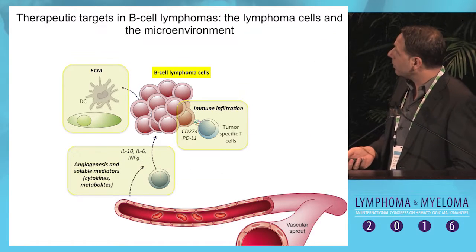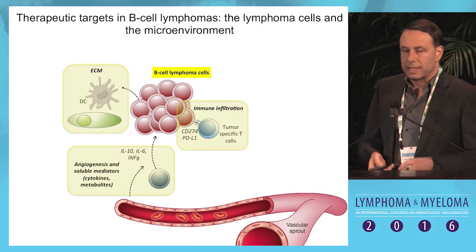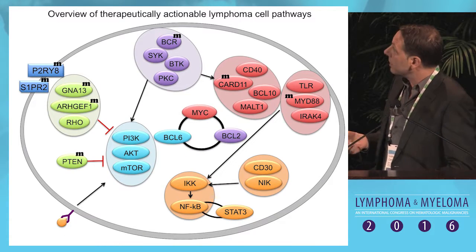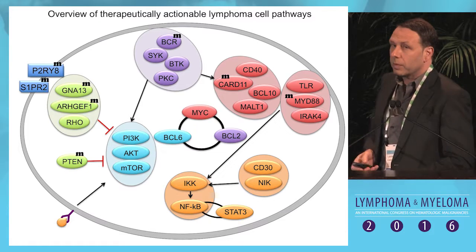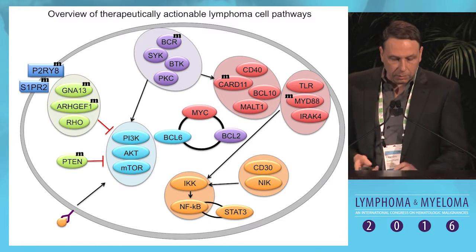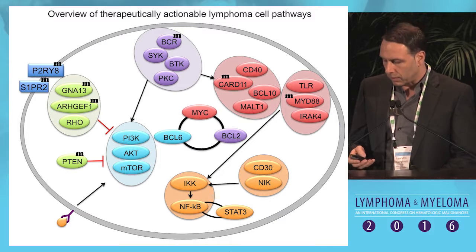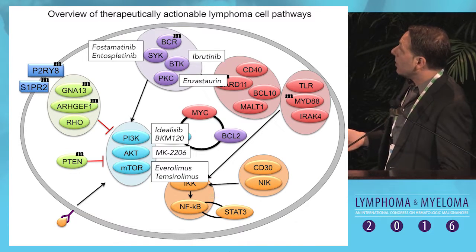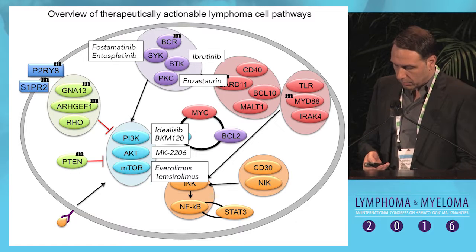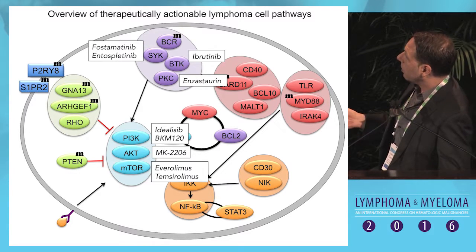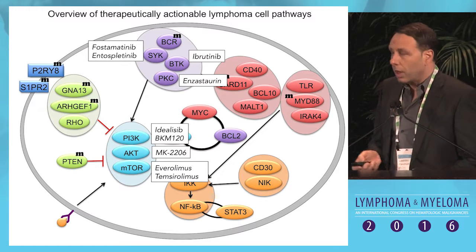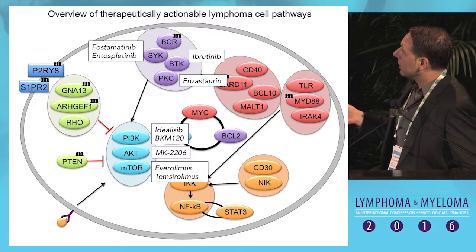Regarding the B-cell lymphoma cell specific targets that we are looking into, this is an overview of the therapeutic actionable pathways in lymphoma that we have validated over the years. We already mentioned that the PI3 kinase, AKT, mTOR pathway are very nice targets for lymphomas and mostly validated in the clinic.